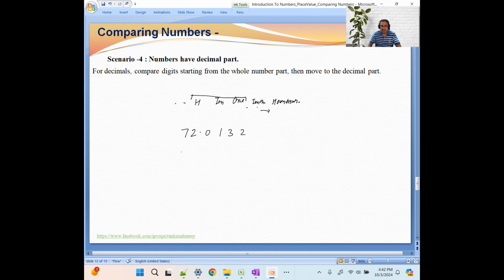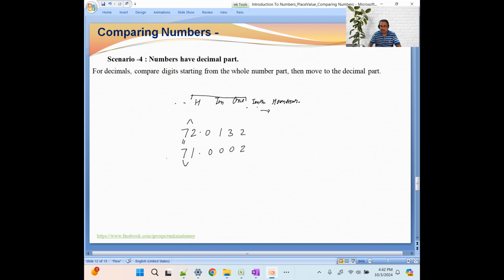72.0132 and the second number is 71.0002. So you have to apply the scenarios which we discussed so far. First of all, you have to count the number of digits in the whole part. There are 2. Then you have to compare the leftmost digit.